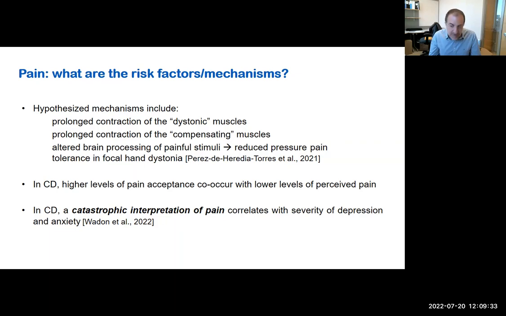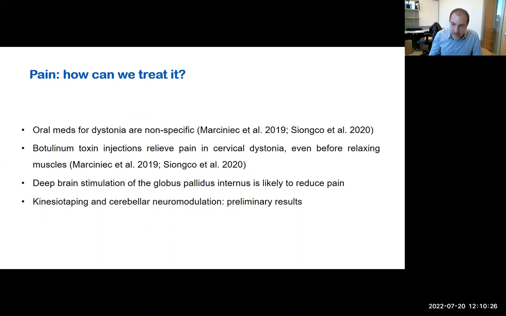What is also interesting, however, probably more interesting, and this is coming from a study that was led by Catherine Peel's team in Cardiff, in Wales, in people with cervical dystonia, a catastrophic interpretation of pain, which leads to a perception of pain as particularly severe, disabling, and incapacitating, correlates with the severity of depression and anxiety, which again is a quite intuitive finding, but also suggests a potential interconnection between pain and depression and anxiety in people with dystonia, but also suggests that different forms of pain may have different mechanisms, at least in the way that pain is interpreted in people with dystonia.